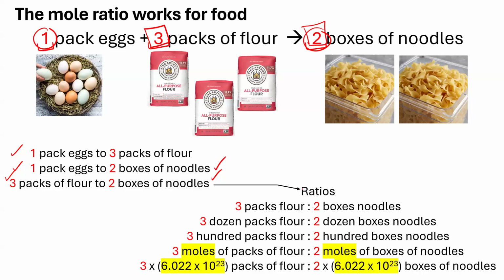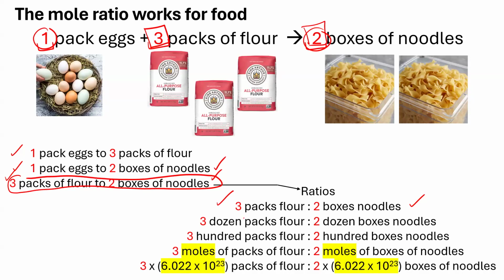All right, so let's look at the ratios now. We're just centering on this one because we don't have enough space to talk about all of them, but I want to recreate this with something more complicated. We have 3 packs of flour to 2 boxes of noodles. Well, let's say we needed a bunch of noodles.